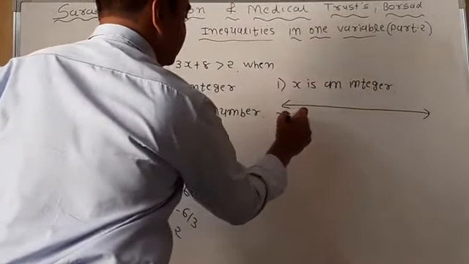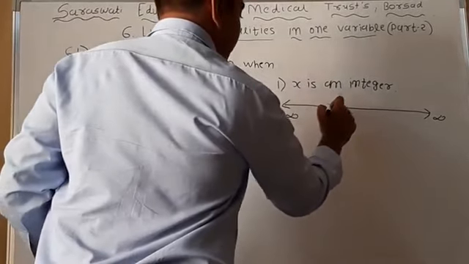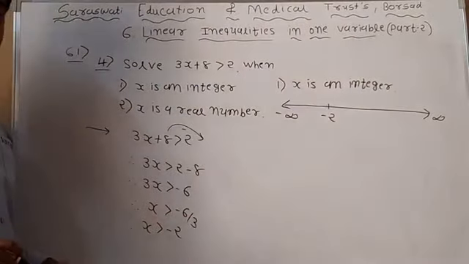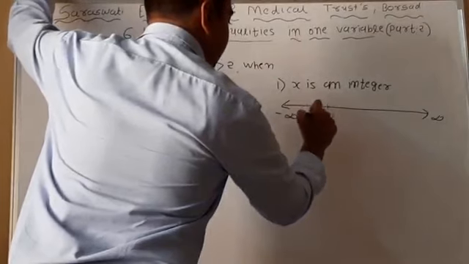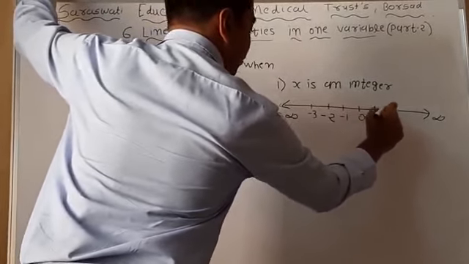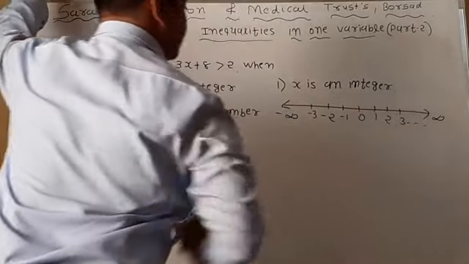Here minus infinity is present, here infinity is present. Suppose we consider the position of minus 2 is like here. Here the position is minus 3, then minus 1, 0, 1, 2, 3 up to infinity.